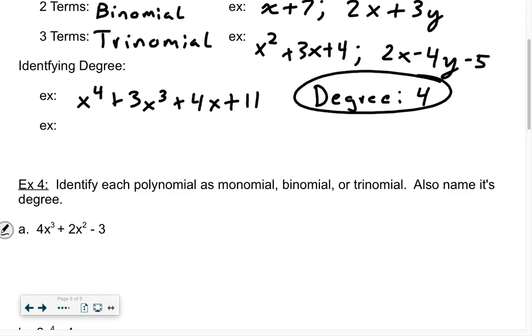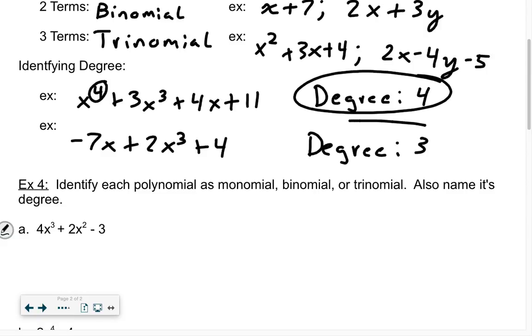And again, where does the 4 come from? Well, 4 is my highest exponent that I have there. If we look at negative 7x plus 2x cubed plus 4, I have three terms there, so it's a trinomial. But I also notice that my highest exponent is a 3, therefore the degree is again 3.